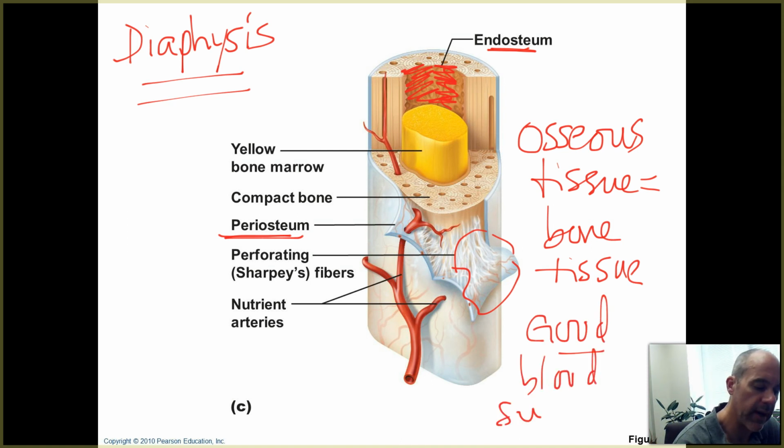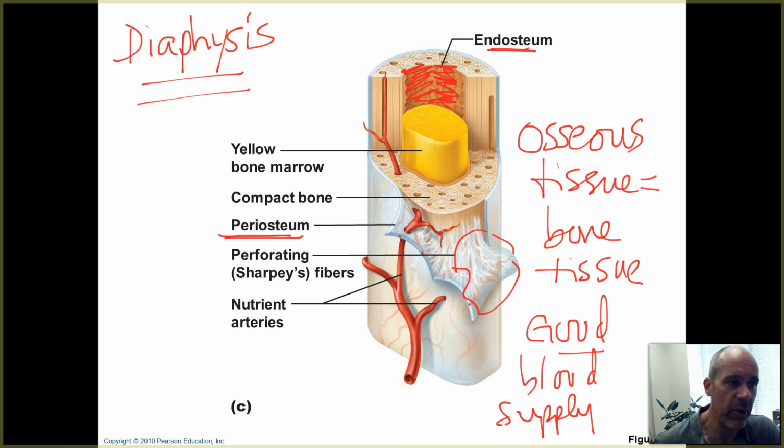So if you remember back in Unit 2, we talked about dense, regular connective tissues that compose ligaments and tendons. You've got all those protein fibers in there that are jam-packed so tightly and in parallel, there's no room for blood vessels. So it has a poor blood supply. Hyaline cartilage, all of the cartilages have a poor blood supply because of the dense matrix that they have.